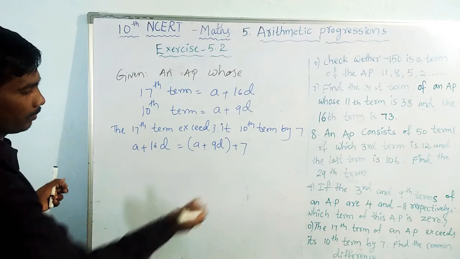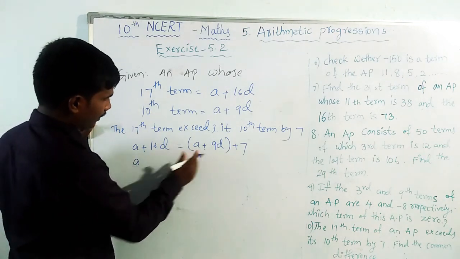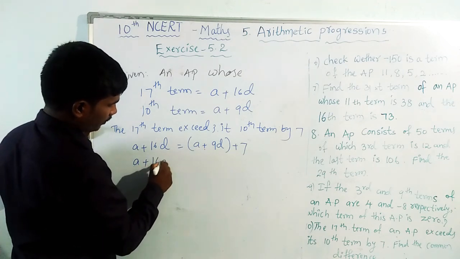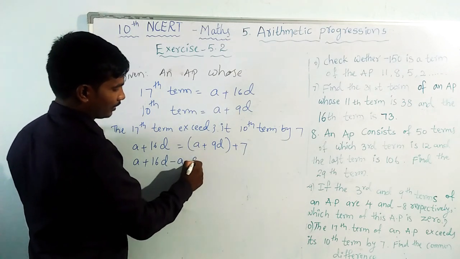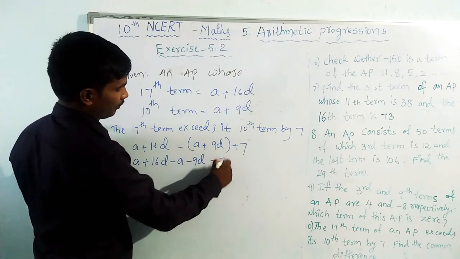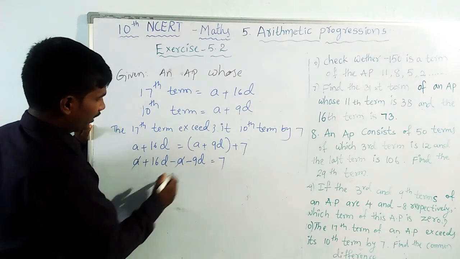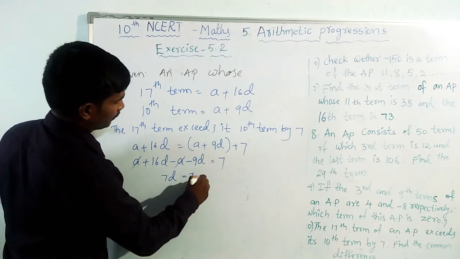Next one, from the question, find the common difference. Yes. Bring all the terms to this side. Minus A minus 9D is equal to 7. So plus A minus A cancel. 16D minus 9D, 7D is equal to 7.